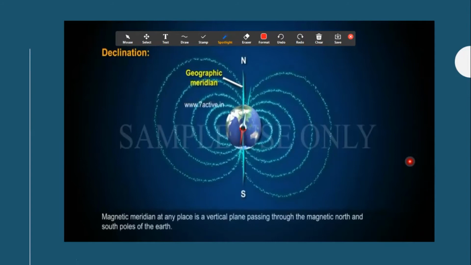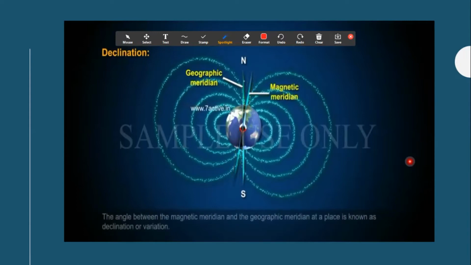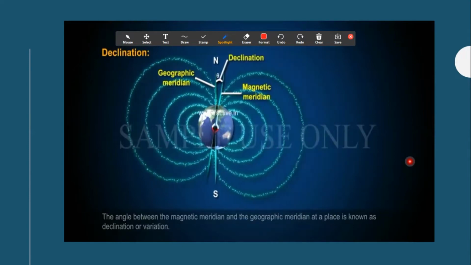Magnetic meridian at any place is a vertical plane passing through the magnetic north and south poles of the Earth. The angle between the magnetic meridian and the geographic meridian at a place is known as declination or variation.